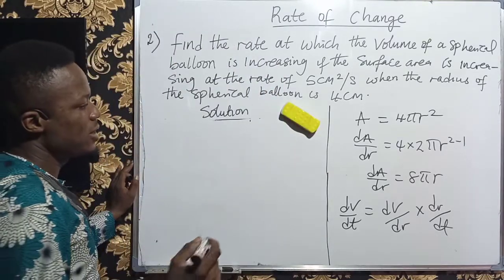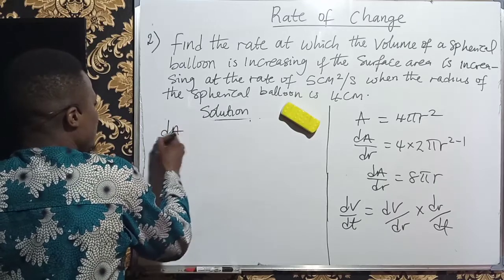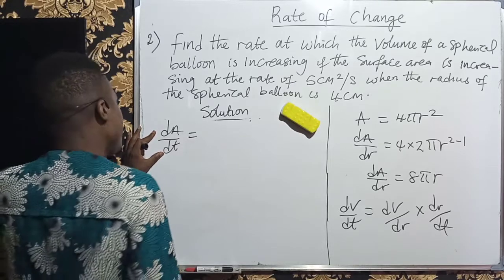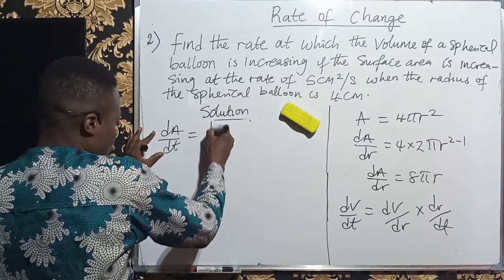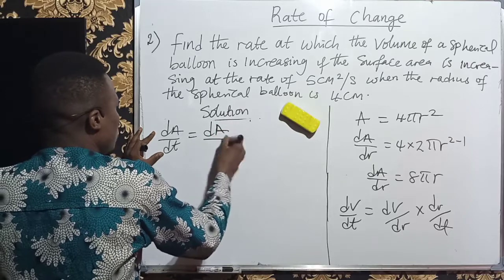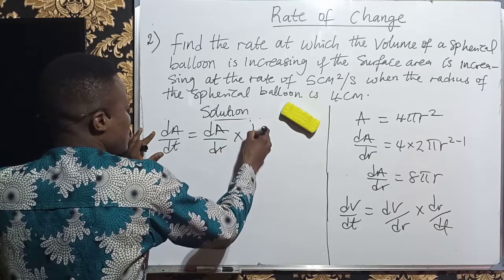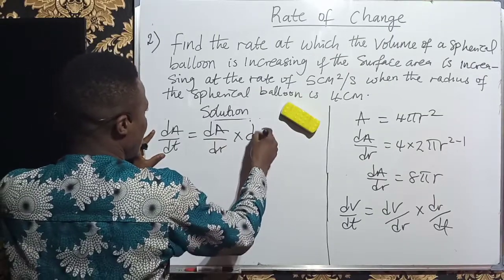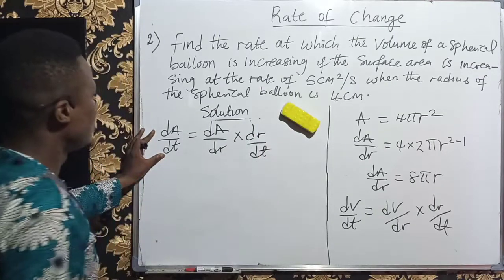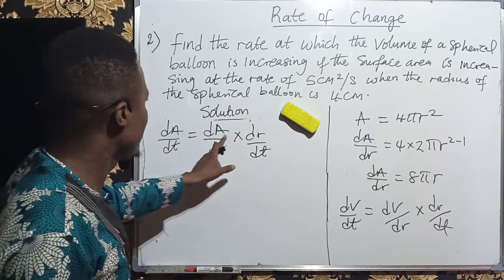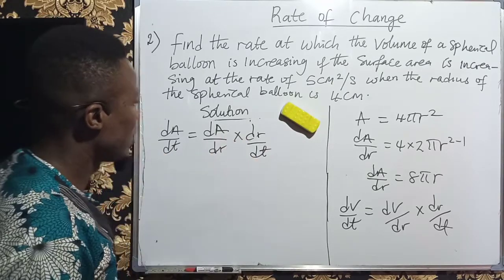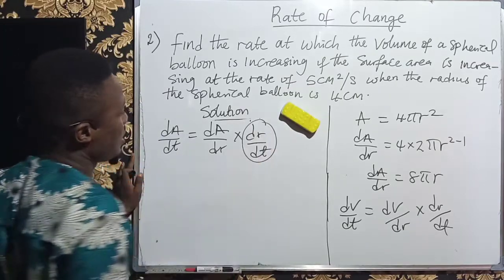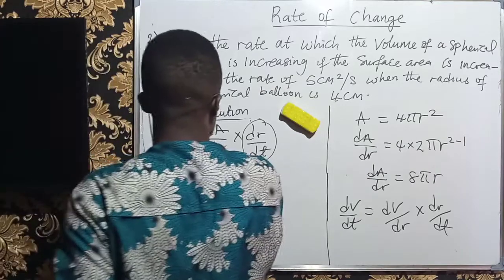So we can only get dr dt from dA over dt, the rate at which the area changes with time. So dA dt will give me dA over dr times dr over dt, because dr will cancel dr, giving me dA over dt. So now, to get dr over dt, it means dividing this by this.